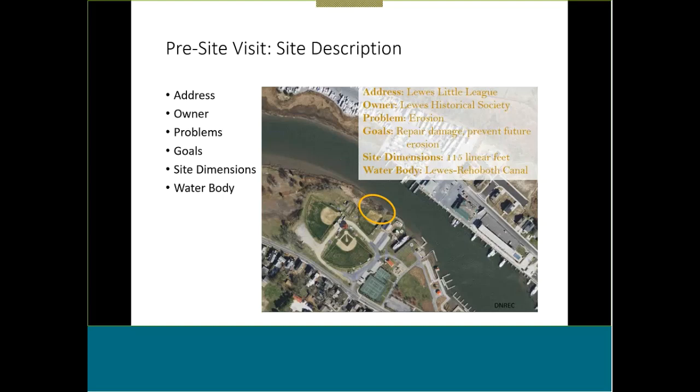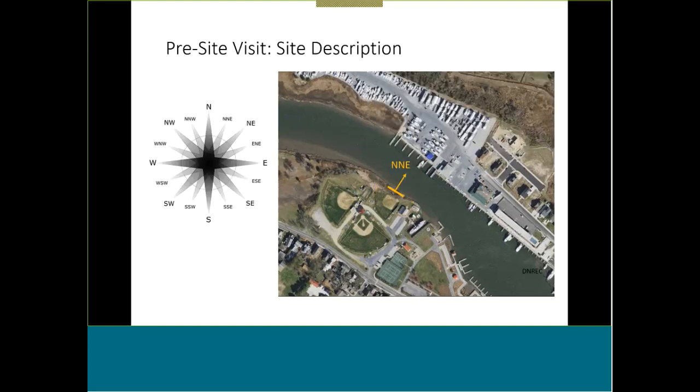Identifying the water body can be important in terms of identifying whether a site is saline or tidal, so it's important to document that. For the orientation of the shoreline, we like to recommend using a 16-point compass. Again, not the time to go out and send the survey crew necessarily. Being approximate is usually good enough.